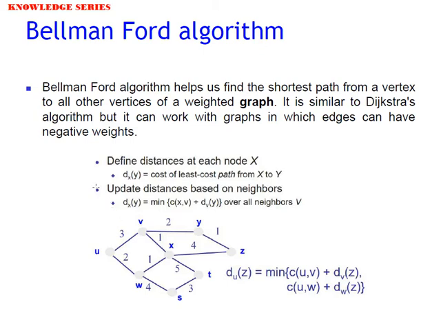Now, to understand this section with respect to the distance vector, here a Bellman Ford algorithm is shown. The Bellman Ford algorithm helps us find the shortest distance from a vertex to all other vertices of a weighted graph.